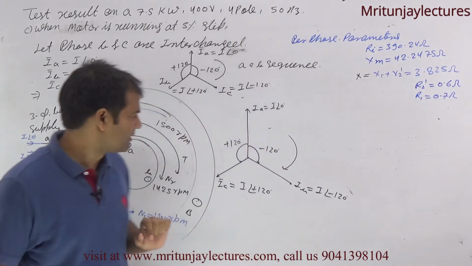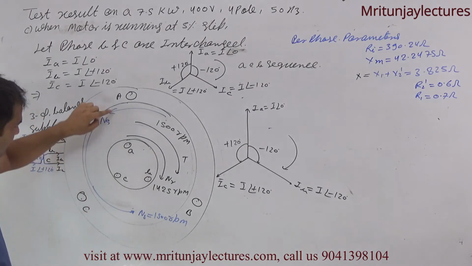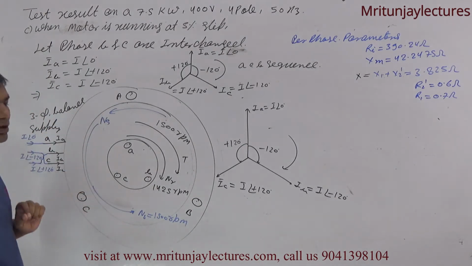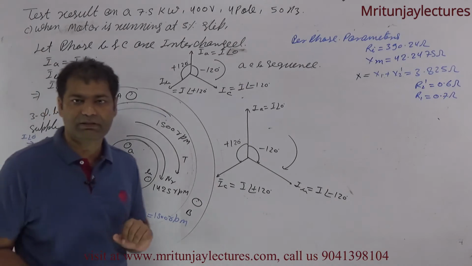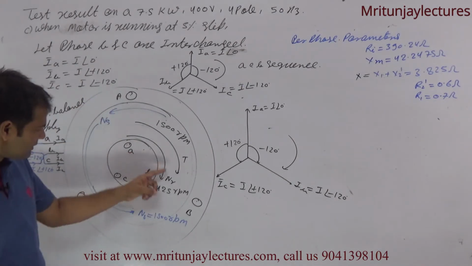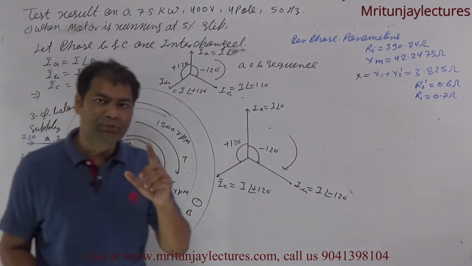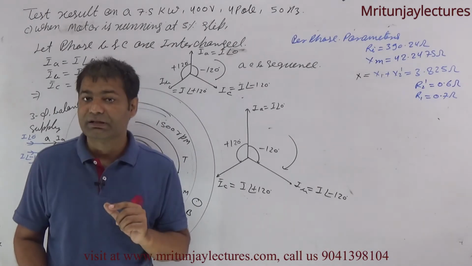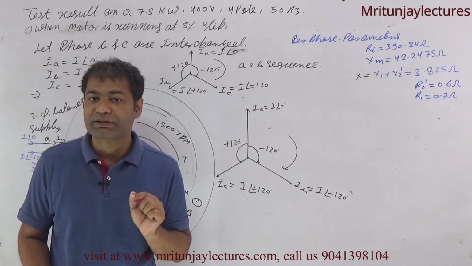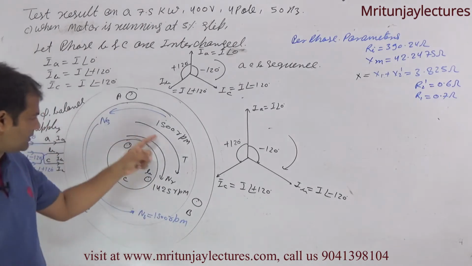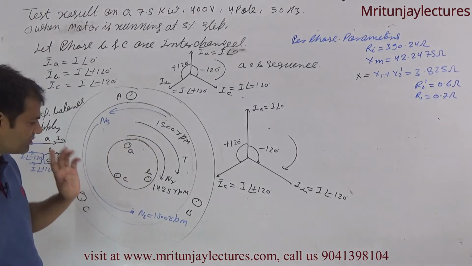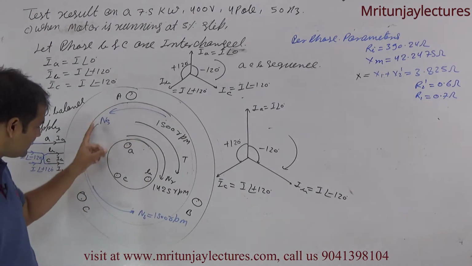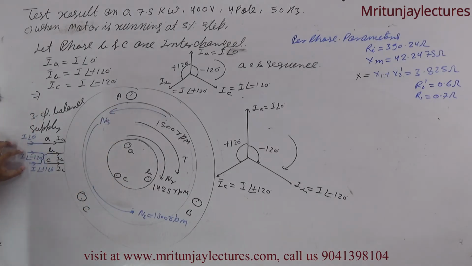Clear? Now, with rotor and stator speed like this, what about relative speed? What about rotor speed? The rotor speed does not change. Why does it not suddenly interchange? Because of inertia. But the stator speed changes due to the supply terminals being interchanged.